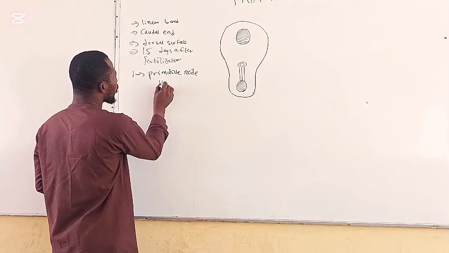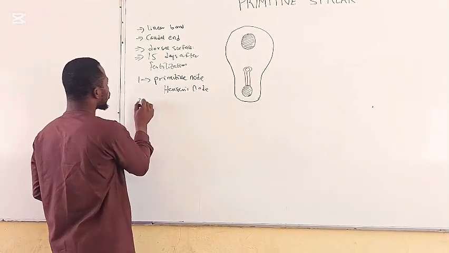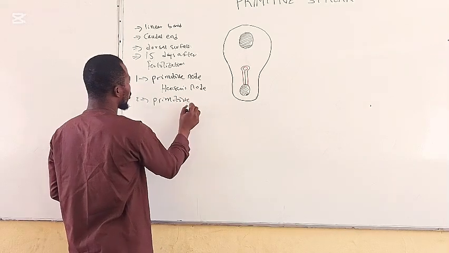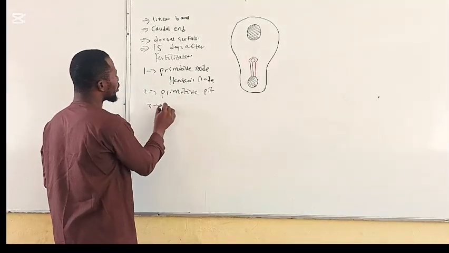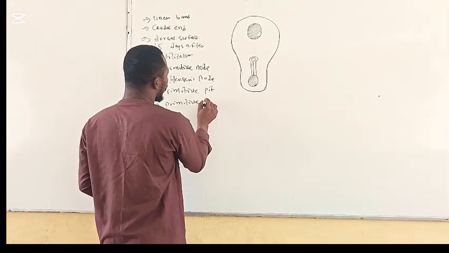One, there is the primitive node, also called Hensen's node. Two, there is the primitive pit, and three, there is the primitive groove.